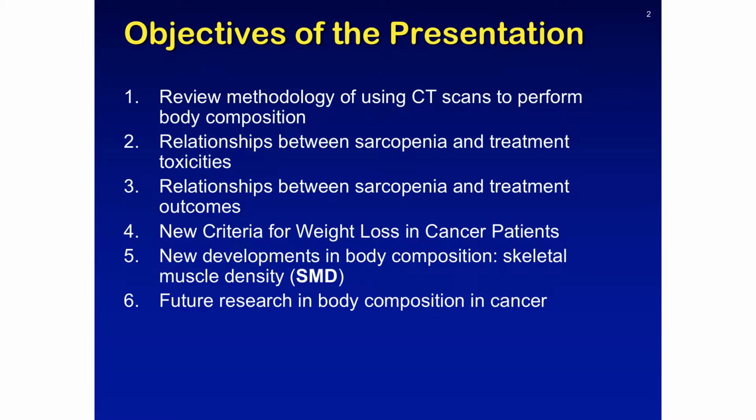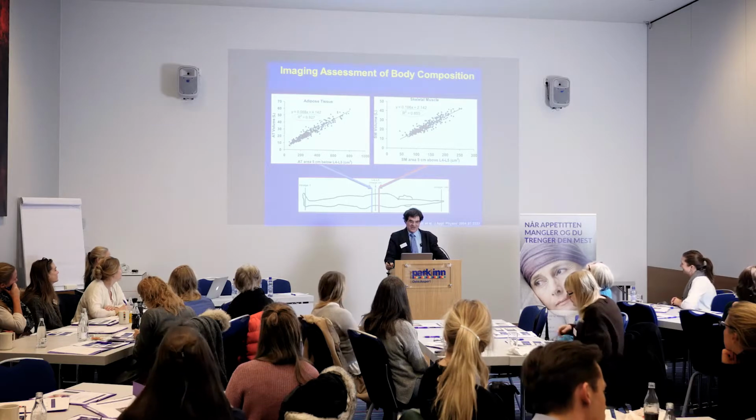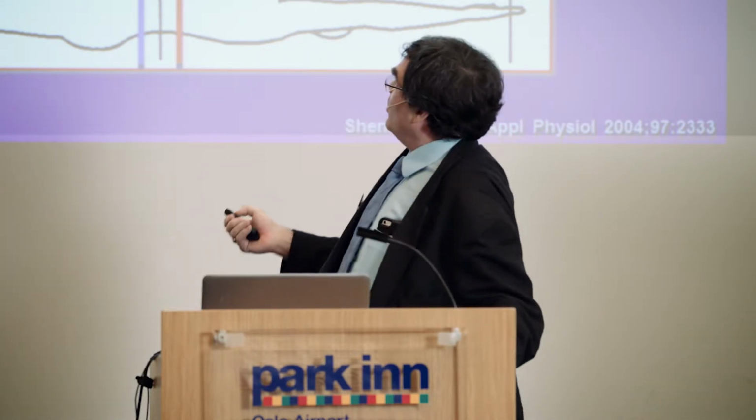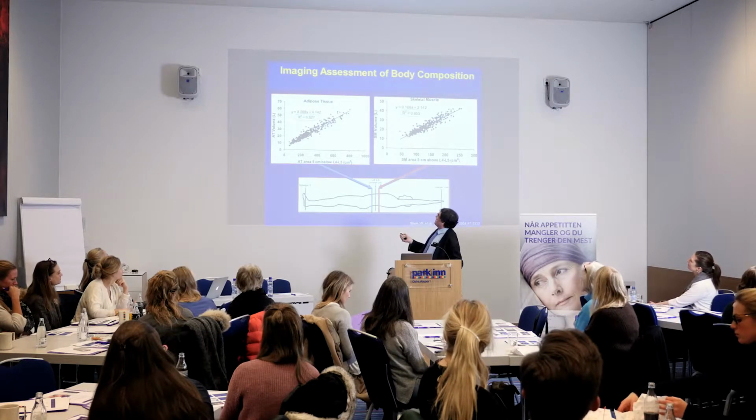What we have done is validate techniques that were developed for normal patients, general medical patients, that use CT scans to determine lean body mass. This was work done at the University of Columbia, and we validated it in cancer patients.